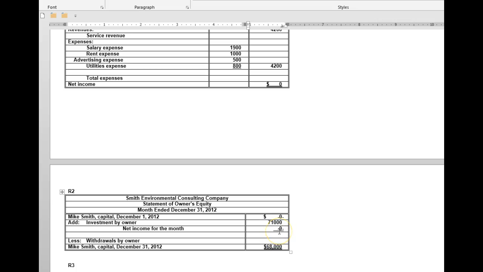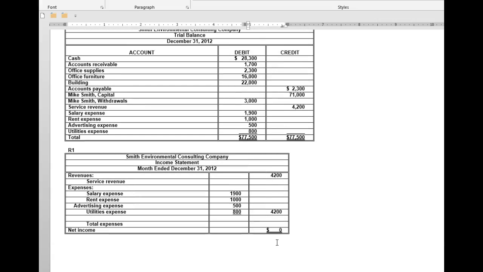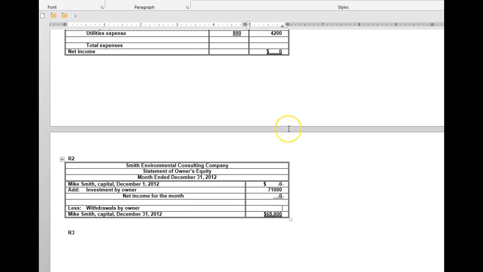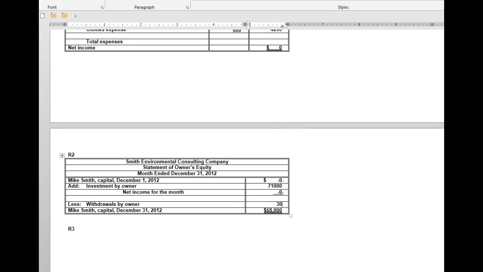We had no net income, and there were withdrawals of how much? How much did he withdraw? $3,000. So, if I take $71,000 and subtract $3,000 from it, what do I come up with? $68,000. That is our ending owner's equity.